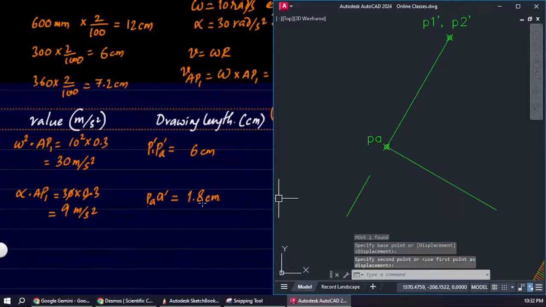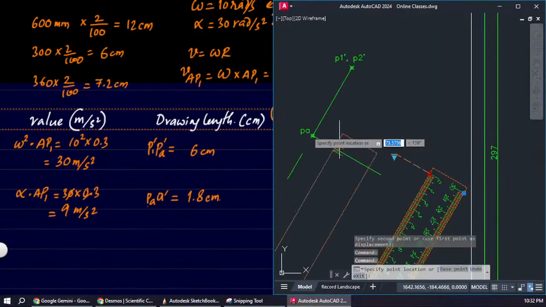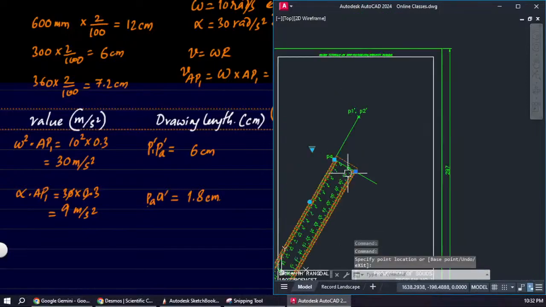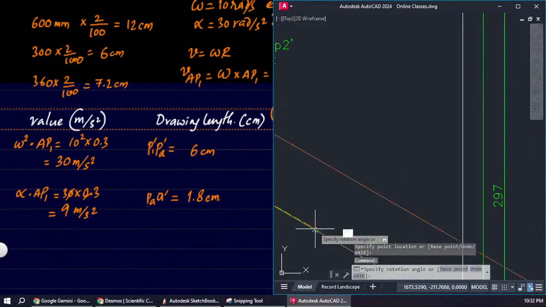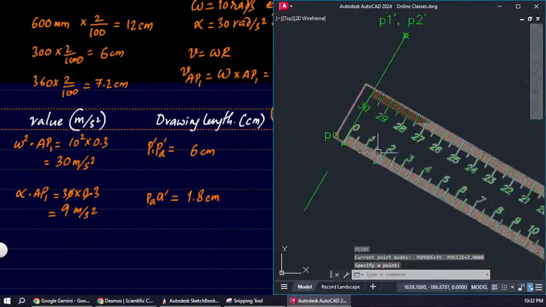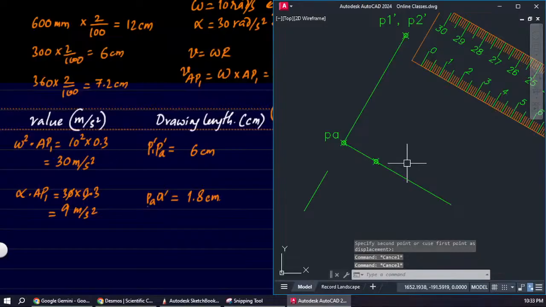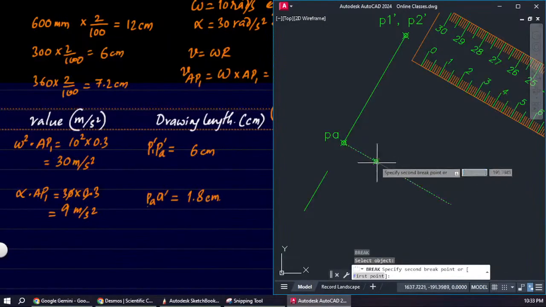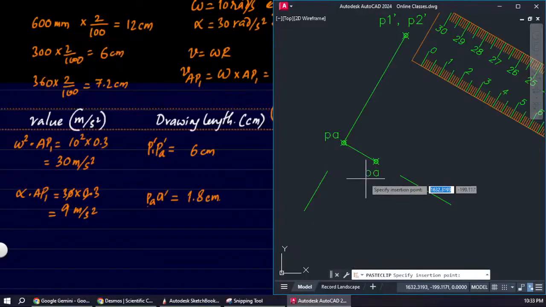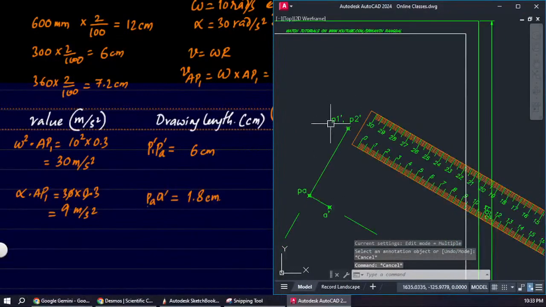Now on this line we will have to take a length of 1.8 centimeters. 1.8 will come here. Now we will get the final point, small a dash. By putting a dash, we differentiate the acceleration diagrams from the main diagram.